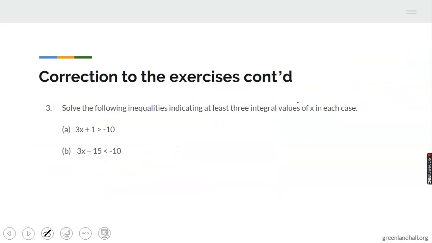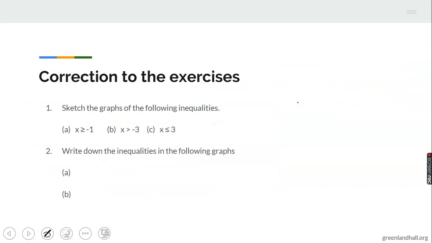Then the next question, you were given a particular graph. Here is the graph. You have minus 6. After minus 6, you have 0, and you have 1.